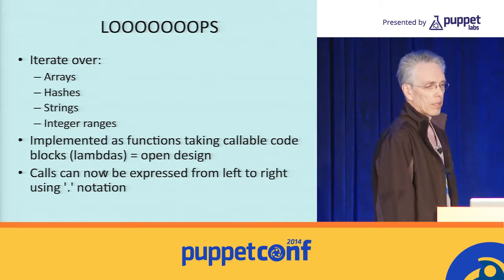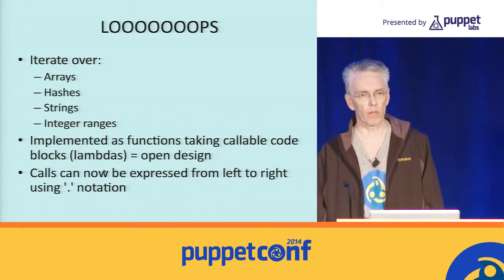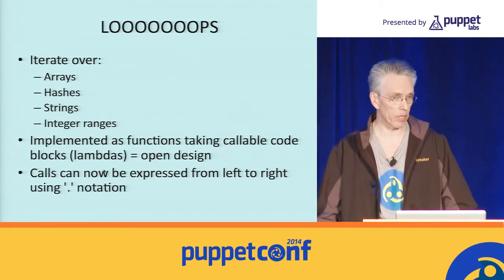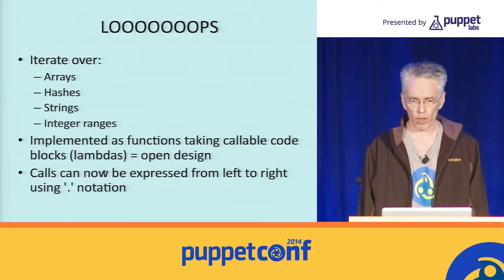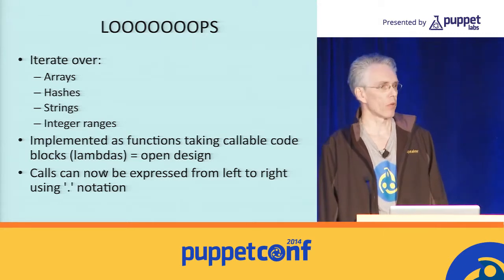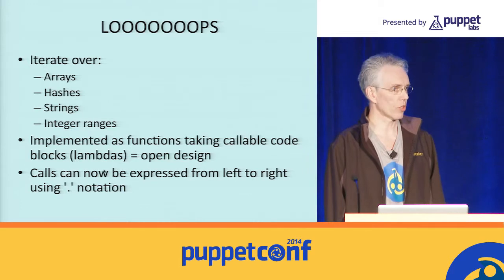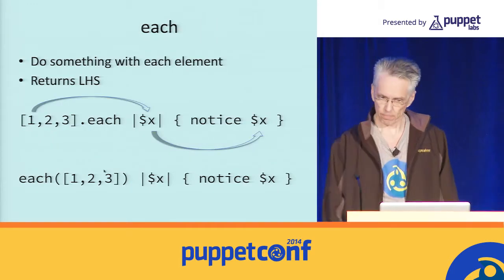This is implemented as functions, and we've added the ability to have callable code blocks that you can express in the Puppet language. That is lambdas. And this creates an open design. We also added the ability to express a sequence of calls from left to right using a dot notation. And it will all make sense on the next slide.